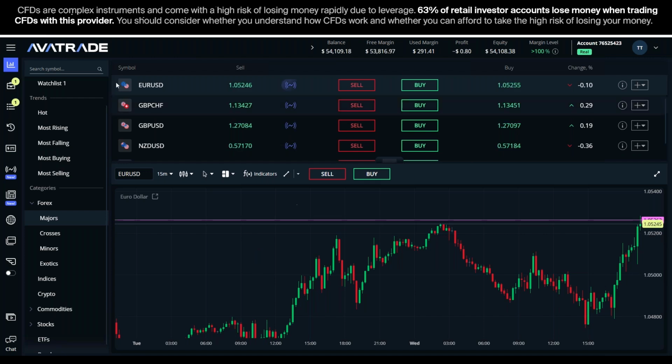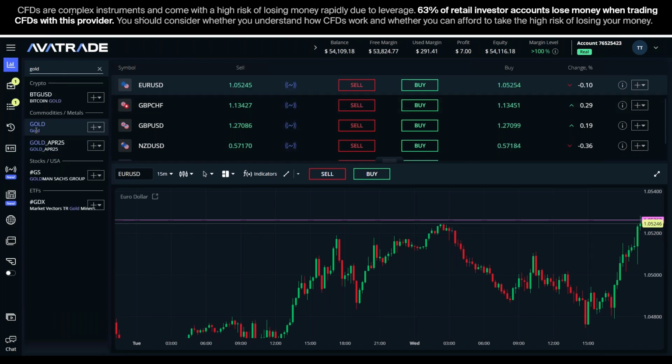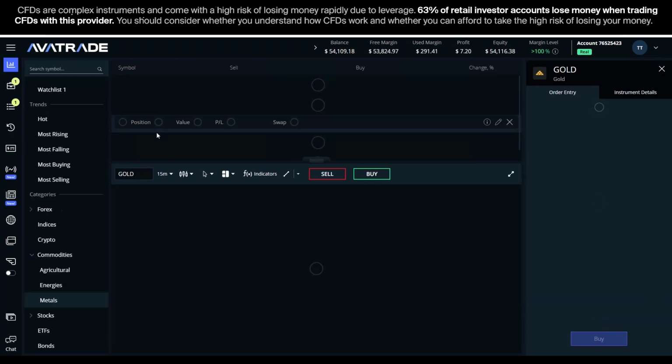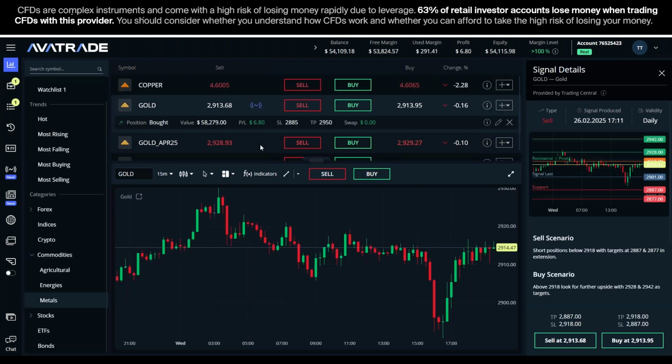Okay, but if we bring gold back up and take a look at that potential signal, okay, we see not breaking through, but it could. Gold already climbed up this direction, and now we have a sell signal on gold.